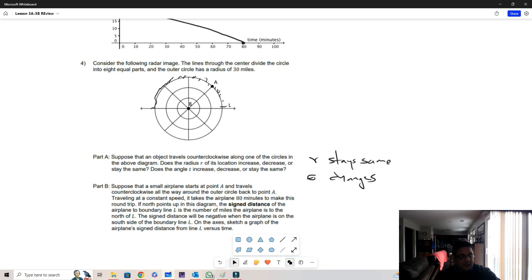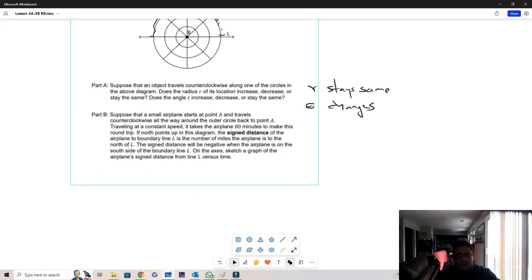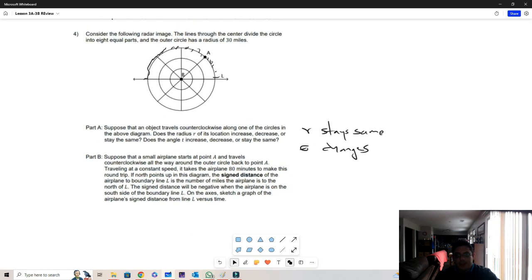Okay, and so one example of this would be, suppose a small airplane starts from point A and travels around the outer circle back to point A at constant speed, and it takes 80 minutes to make this round trip.